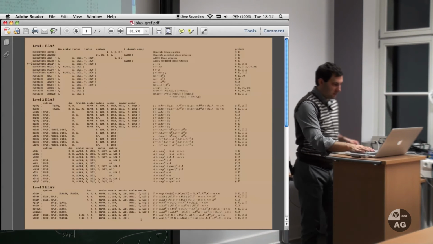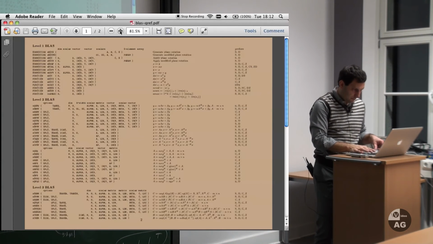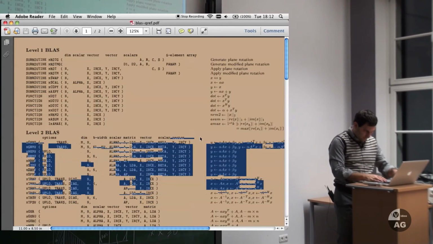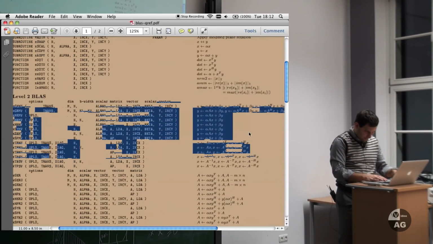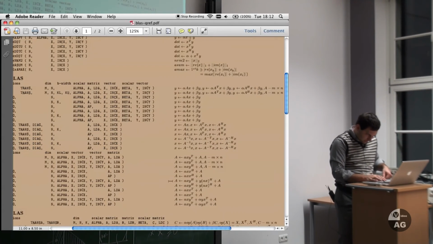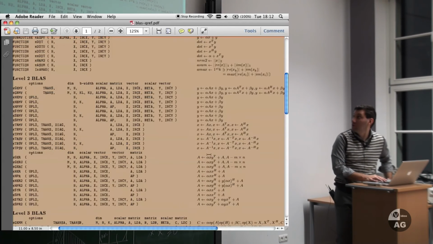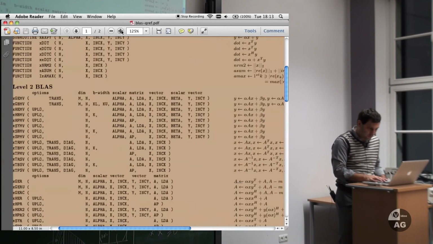Now we go and we read some BLAS. Beautiful. This is it. You see, this is a non-symmetric update.